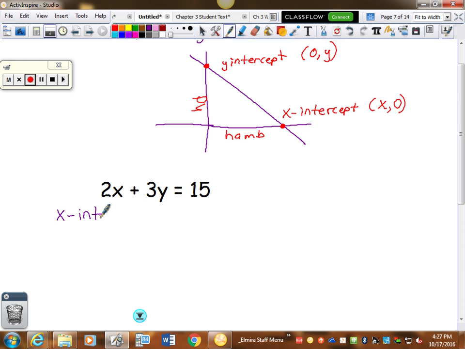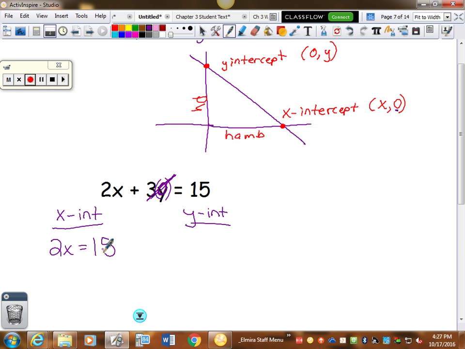You can find the x-intercept and the y-intercept. If I was doing the x-intercept, that would mean that the y value is 0. So if I subbed in 0 for y, 3 times 0 would be 0, so that would effectively eliminate that term, just for the intercept, not for all values.